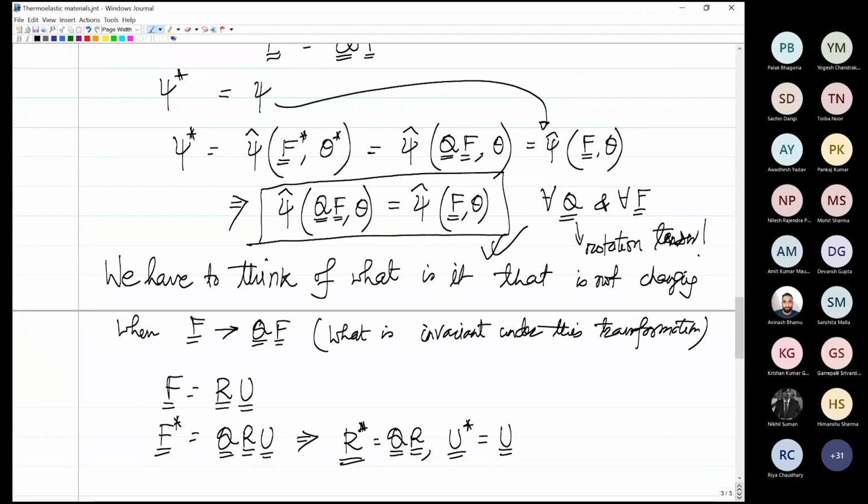It is U which is invariant. So that means this function psi must depend on just the U part of F, not on the rotation part of F.